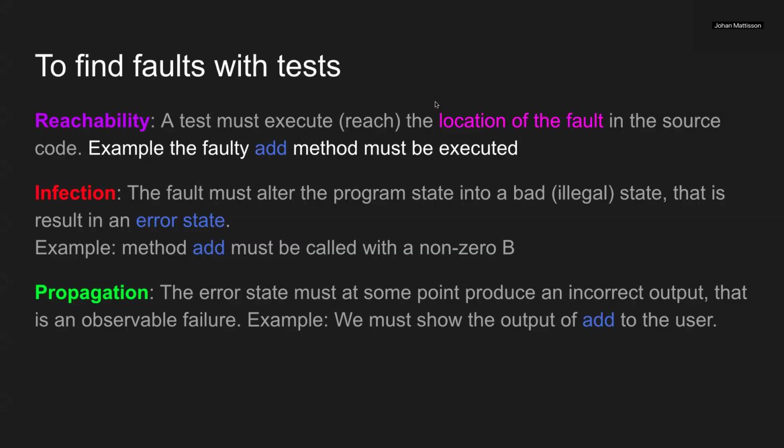So reachability, we need to be able to get to where the possible problem is. We need to be able to infect it in a way, and then the error state needs to be brought to the surface so we can have a look at it.